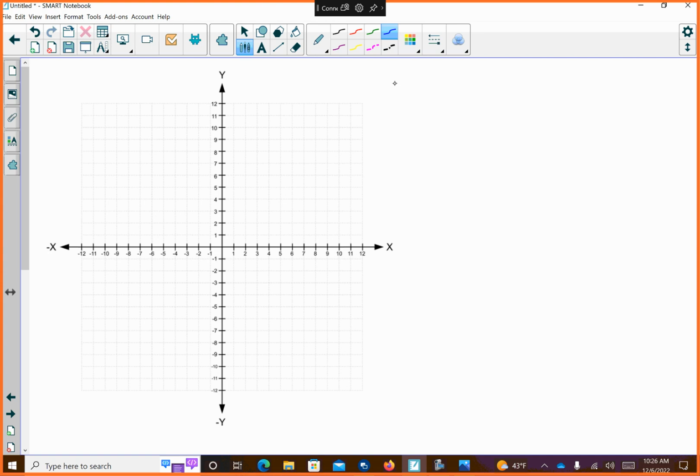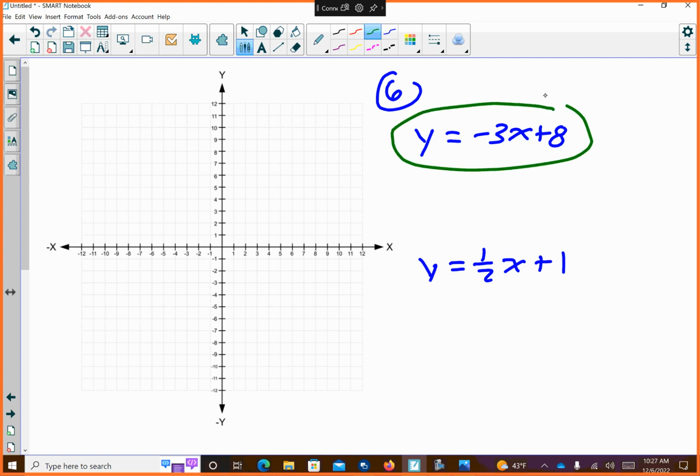Problem number 6, yes? So I have y equals negative 3x plus 8. And I have y equals 1/2 x plus 1. What's the y-intercept of this first one? 8. So it's up here. What's my slope? Negative 3.